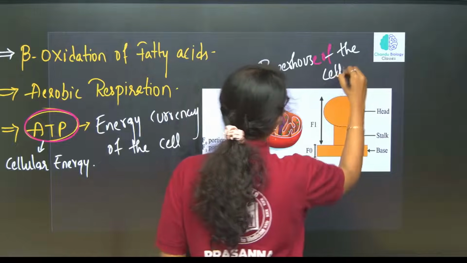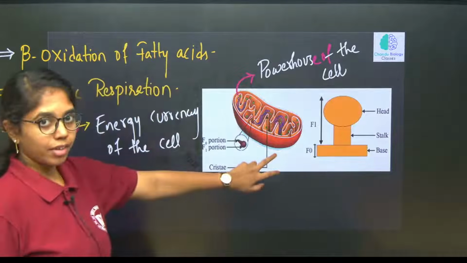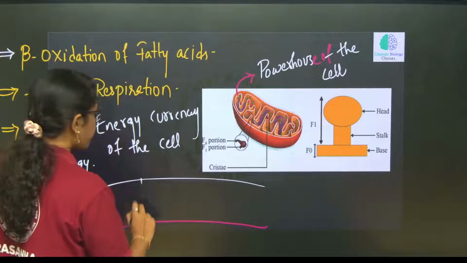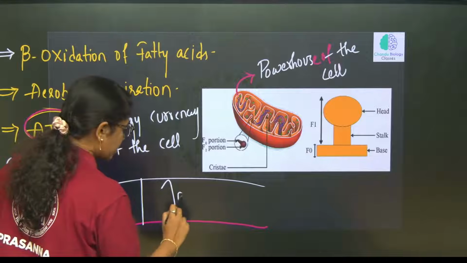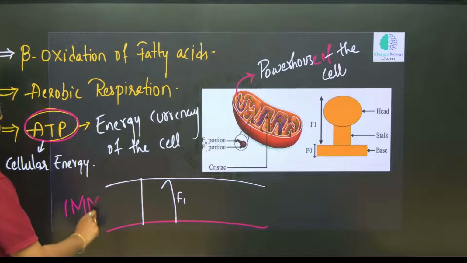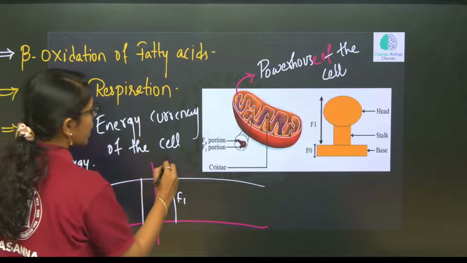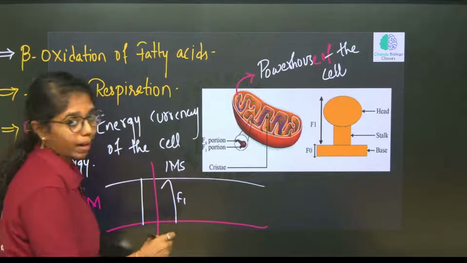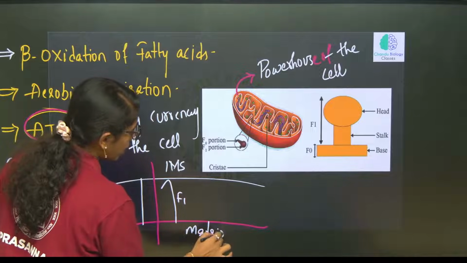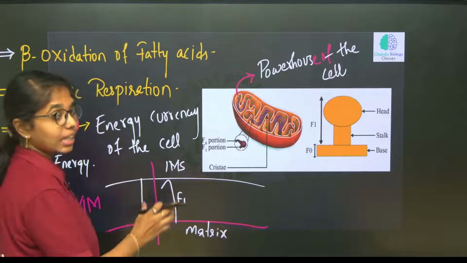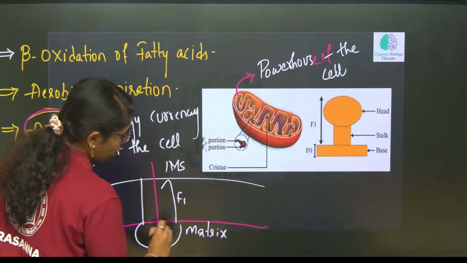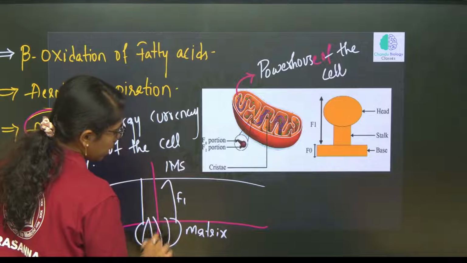Fine. Now, we will be discussing the F0 F1 channel. In the inner mitochondrial membrane, F1 is embedded inside the membrane and F0 is placed towards the matrix.